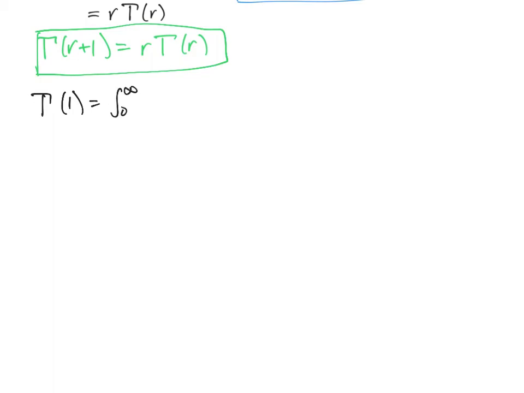So this is the integral from 0 to infinity of e to the negative u, u to the r minus 1, which in this case is just u to the 0, du. Of course, that is just 1, and so this whole thing is going to equal 1.